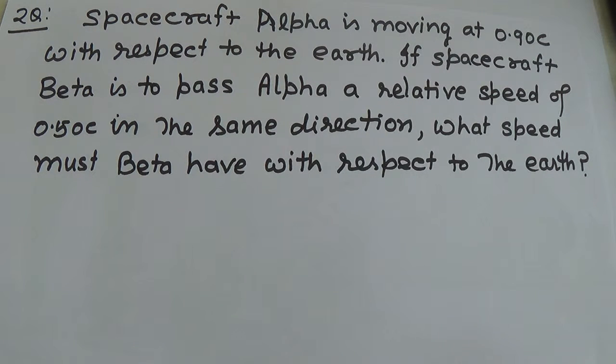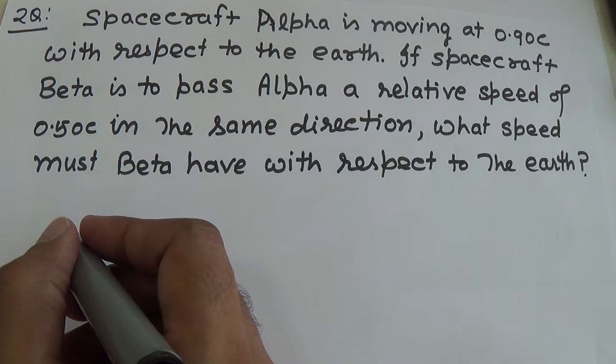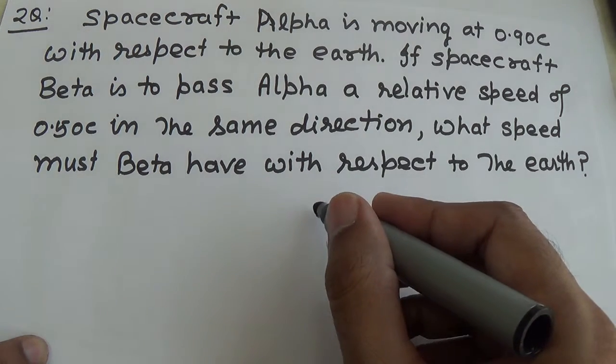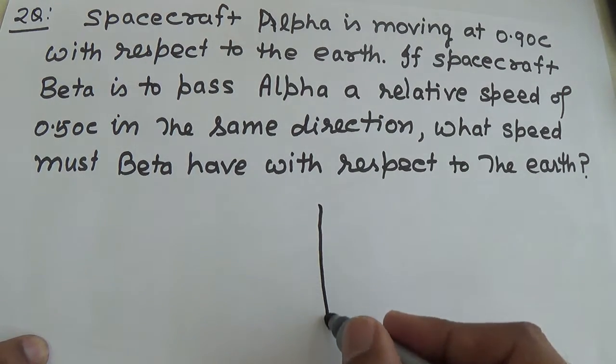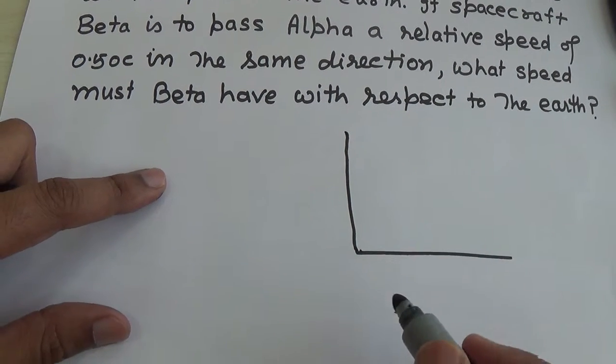If all these things are clear, try to correlate this with the earlier example of the rider on a bike; this question and the earlier question are almost the same. Here you have to find the speed of beta with respect to the earth observer. On the other hand, you can also make a picture of this problem.